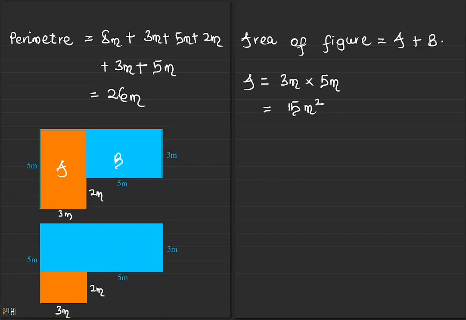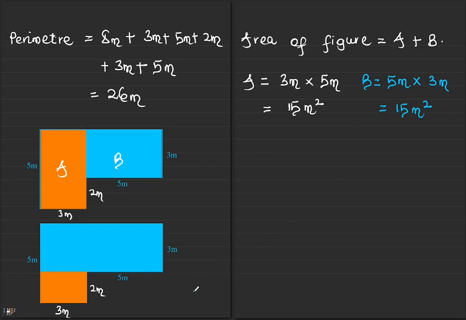Then we come to the area of B. So for B, we have what? A 5 meters times a 3 meters. And we have 5 times 3, which also gives us a 15 meter squared.